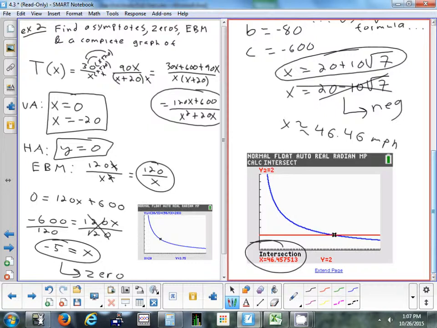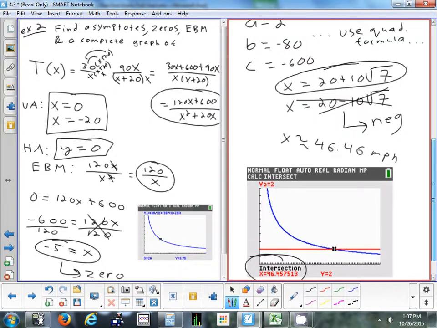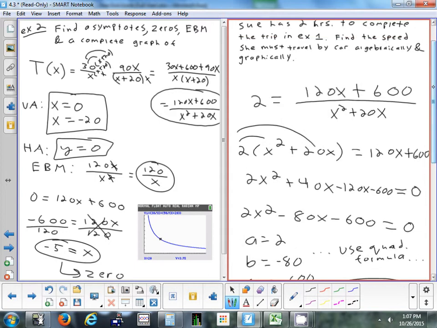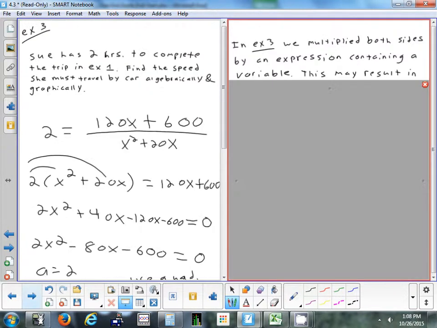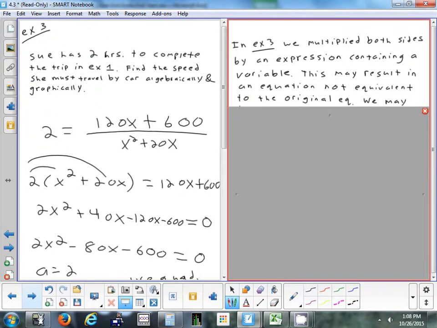Hypothetically. All right, so when we solved this equation, way back at the first step, we multiplied both sides by something that had variables in it, which you can do, but what can happen is you can get answers that aren't actually answers.